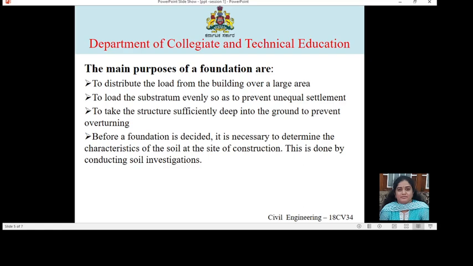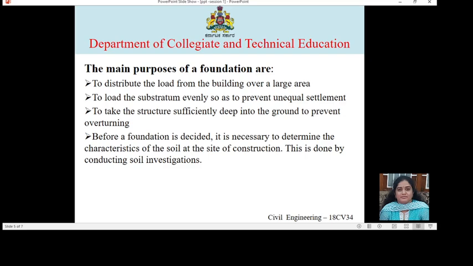Next is to load the substratum, that is below the ground level, evenly so as to prevent unequal settlement. Regarding settlement, we are going to study it in later modules. But here, there are two types of settlement, equal and unequal settlement. Equal settlement is a vertical movement of the building which is uniform, the same in all directions.